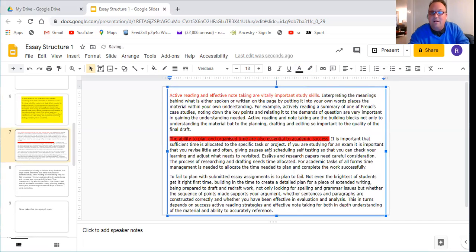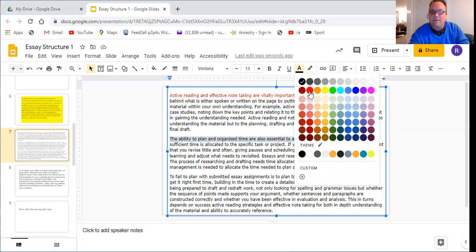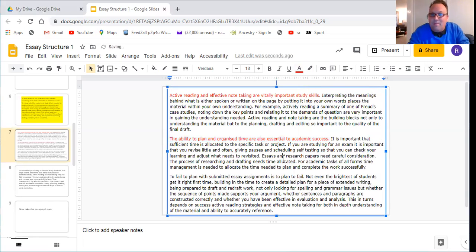The ability, okay, can you write that down? The ability to plan and organise time are also essential to academic success.